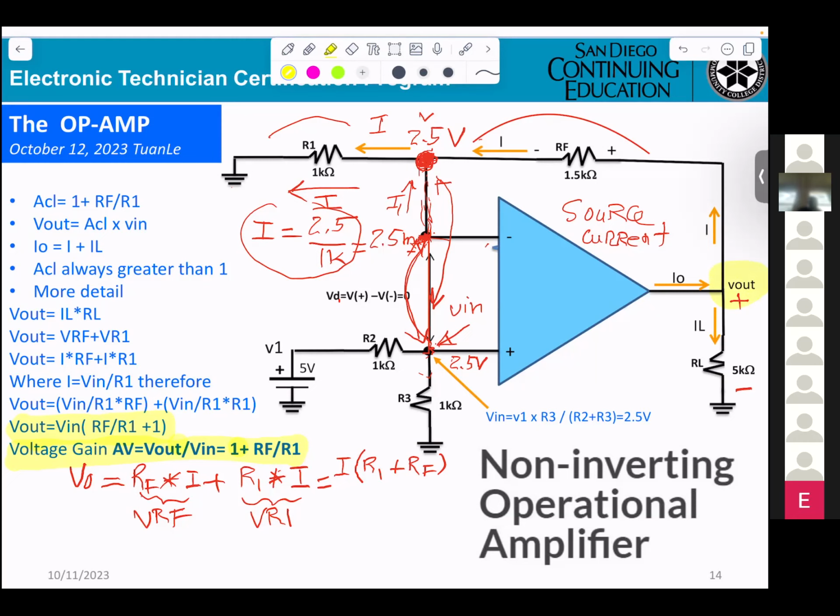If you want to measure V out, connect the high side where the yellow is, the high side here, low side to ground. Or you can connect V out high side here, low side to ground. Same thing, and you get the same thing. Exactly. Okay, thank you.